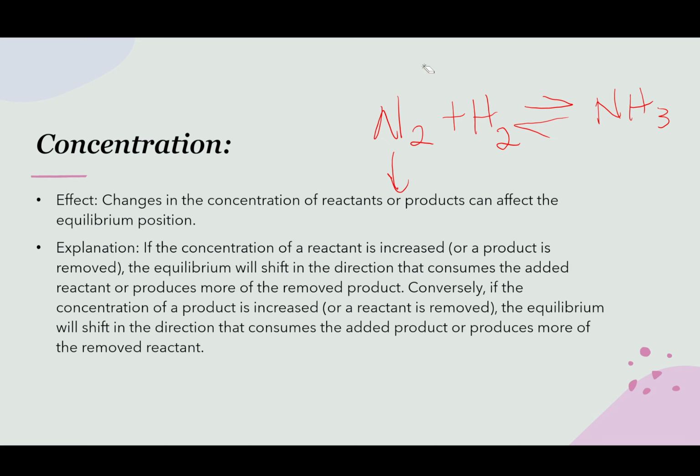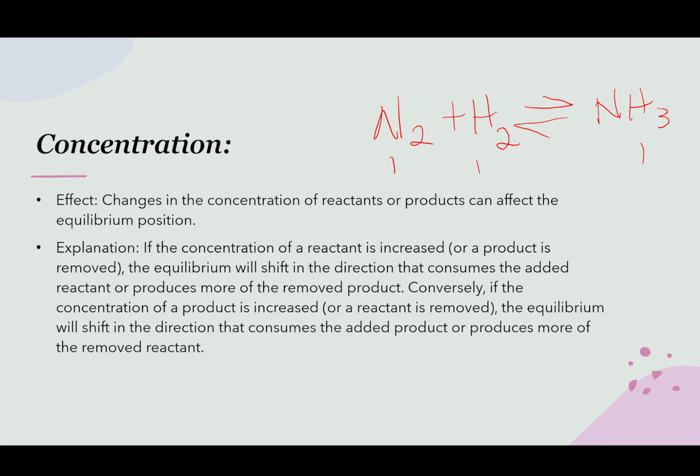So what we're talking about in concentration is that if we have an increase or decrease in something, remember that the concentration must remain constant. Let's say that all of these have a concentration of 1. They're all in equilibrium, lovely.